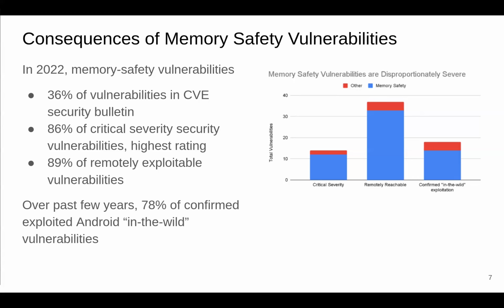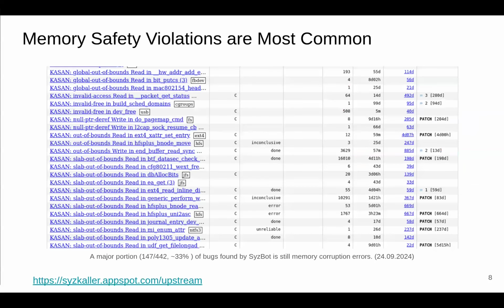Most of the bugs that are actually being exploited are due to memory safety vulnerabilities. Now, interestingly, this is the baseline system. So when you're writing C and C++ code, you have to be aware of these potential issues. And as we see, they are very, very common.